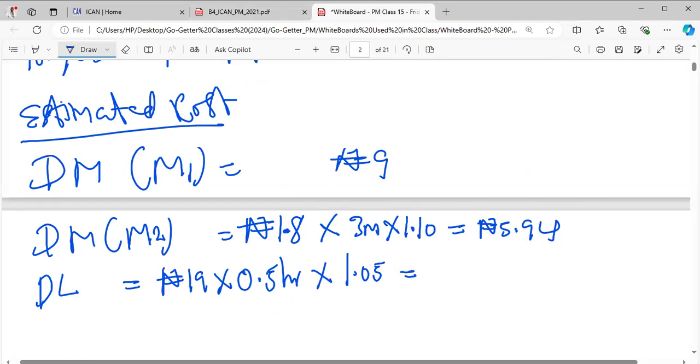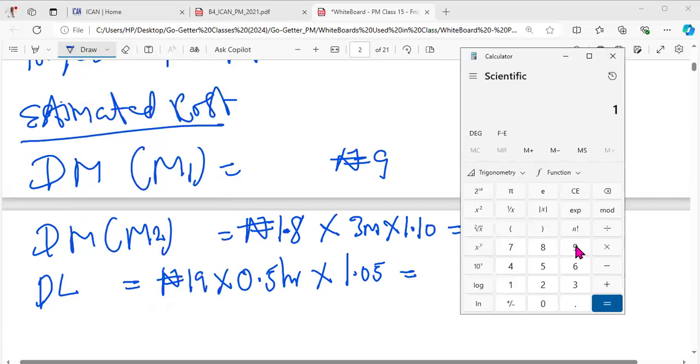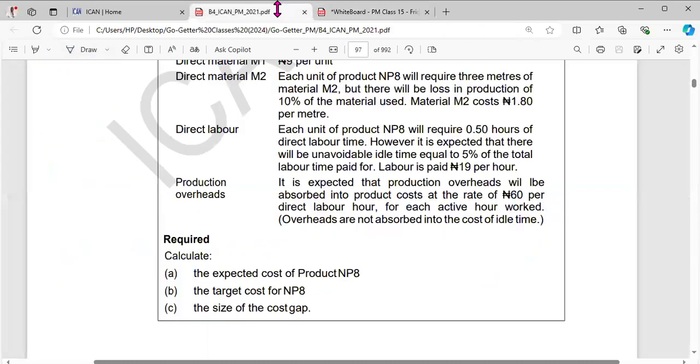So 19 multiplied by 0.5 multiplied by 1.05, and that gives you 9.975. Am I correct? 9.975. That's fine.